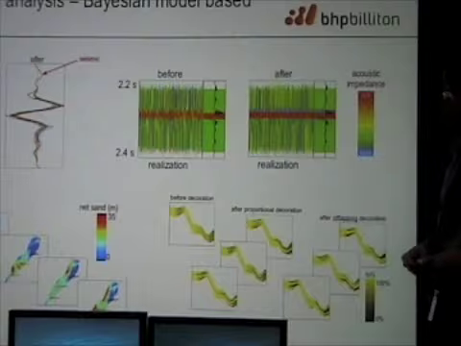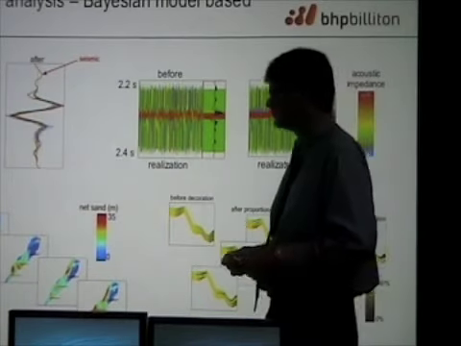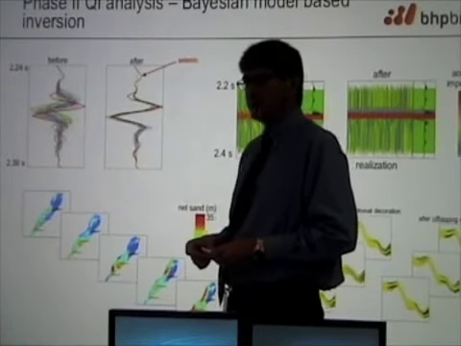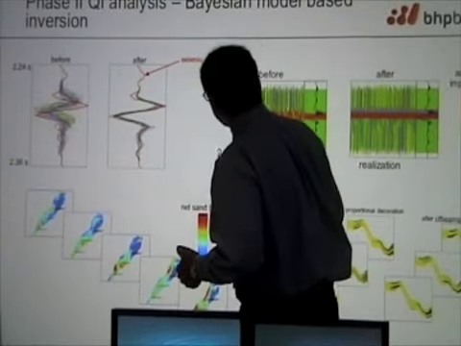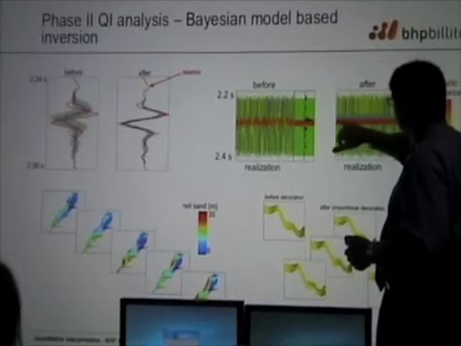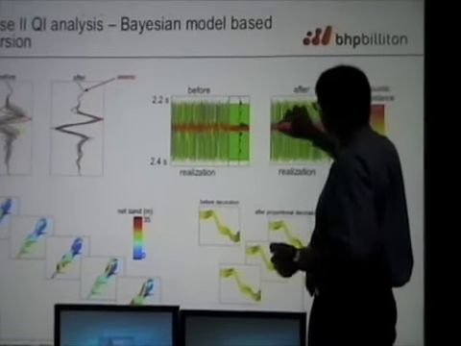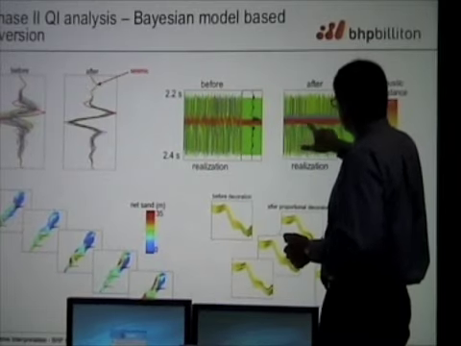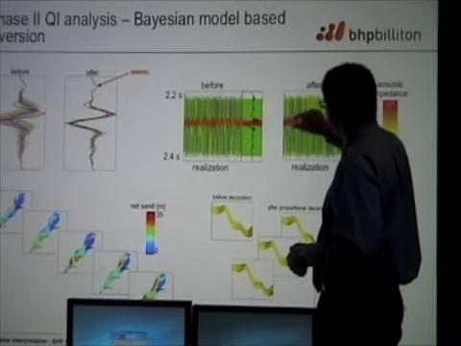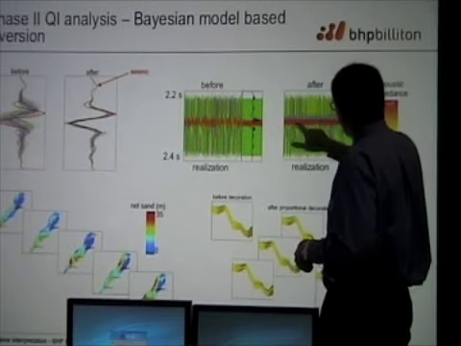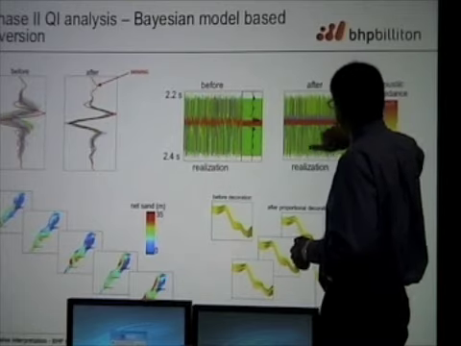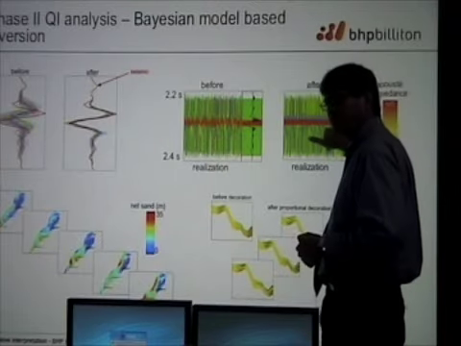Okay? Hey Mike, back to those net sand maps, how was each one of those net sand maps changed? I missed that part. Okay, the way that they're changed is that if you take a look at these different models here, each one of these models has a different amount of net sand in this particular interval. So we took a look at the amount of sand in all of these models and what the range was of the amount of sand that you could expect as you went across these models.